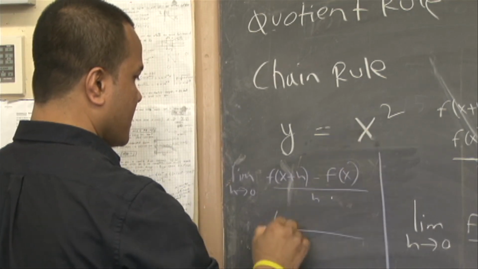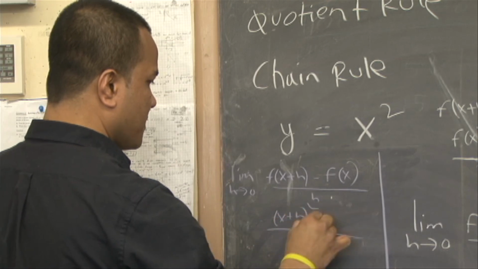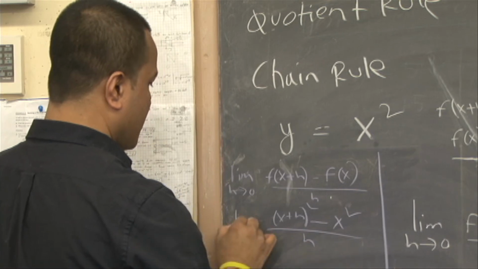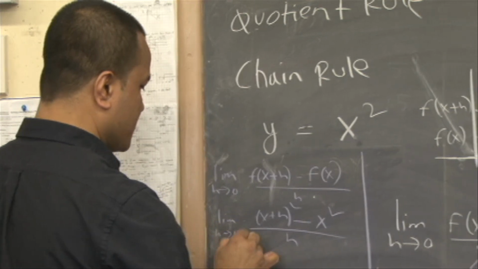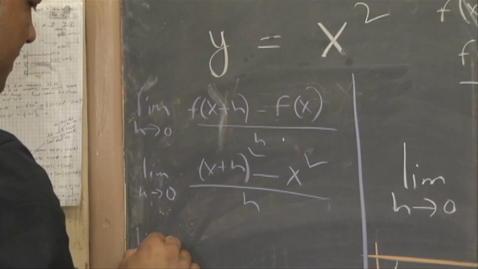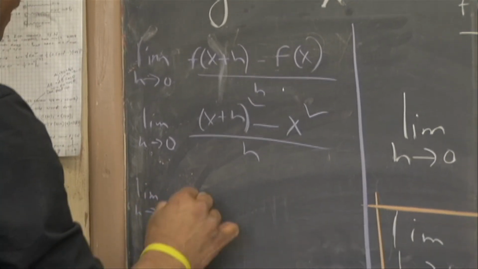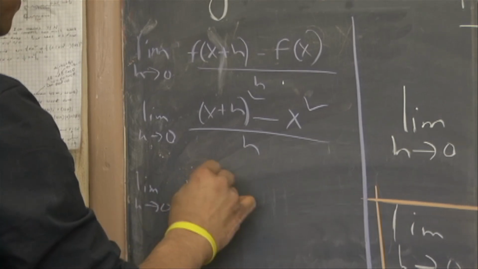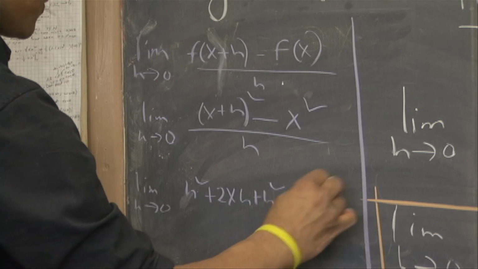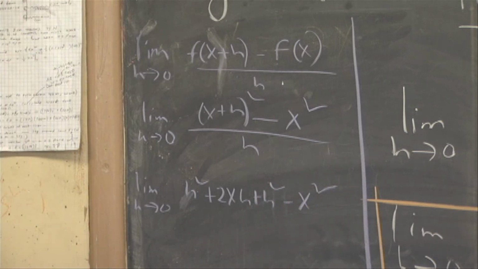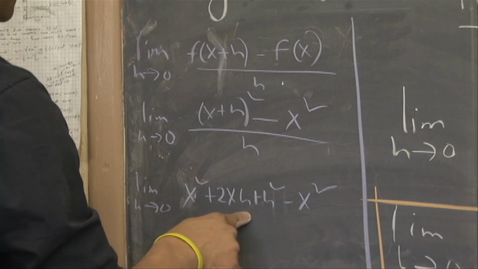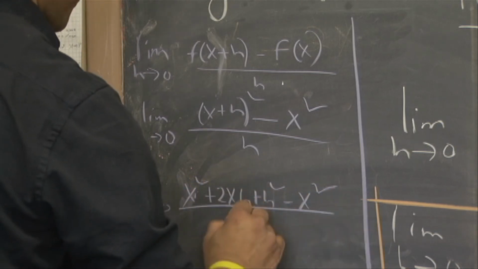Let's see, x plus h squared minus x squared. Now we can use the a plus b squared formula, which gives x squared plus 2xh plus h squared minus x squared over h.